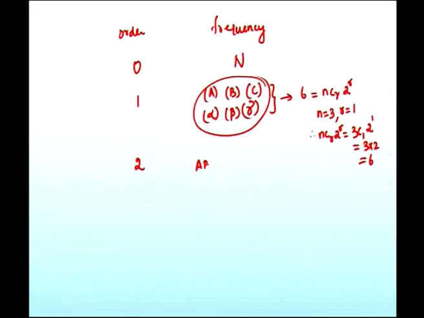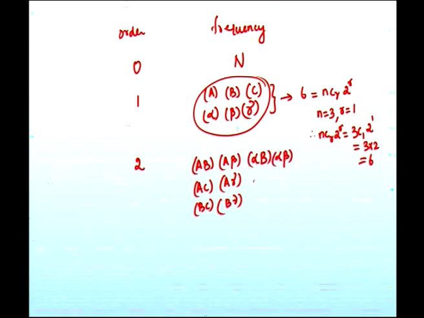For order 2, you have to write it as AB, then A beta, then AC, then A gamma, similarly BC, B gamma, then its corresponding contrary frequencies, that is alpha B, then alpha beta, similarly alpha C, alpha gamma, then the contrary frequency for B is beta C, then beta gamma.